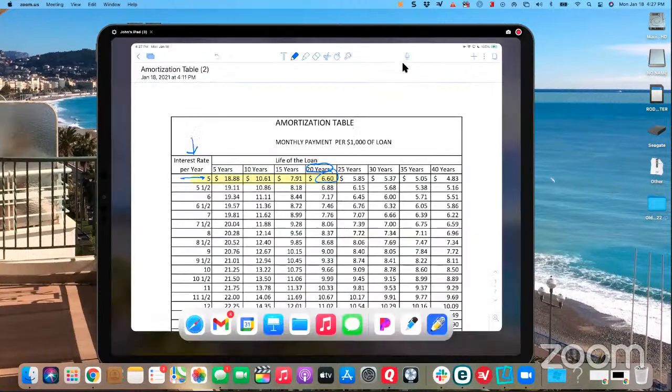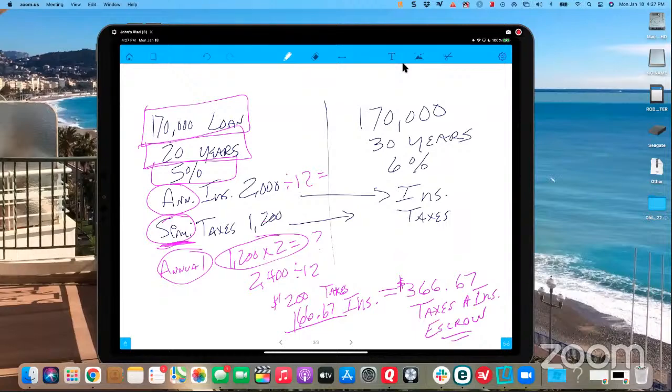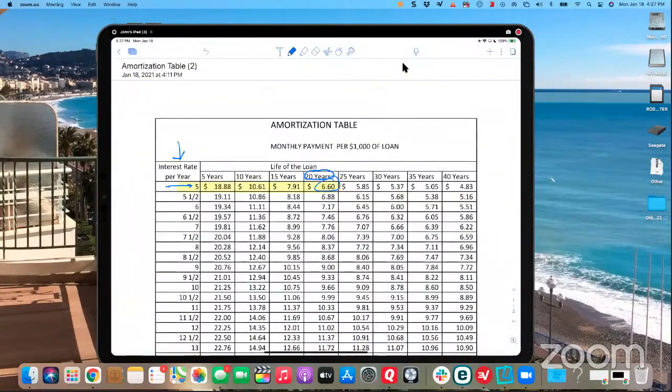And we're looking at a $170,000 loan, right? 5%, 20 years. So 170,000 divided by 1,000 equals 170. Now I did that in my head, but I'm going to use my calculator, and that is correct. Now you take this number and you multiply it times 660, 170 times 660. And this gives you a monthly payment.